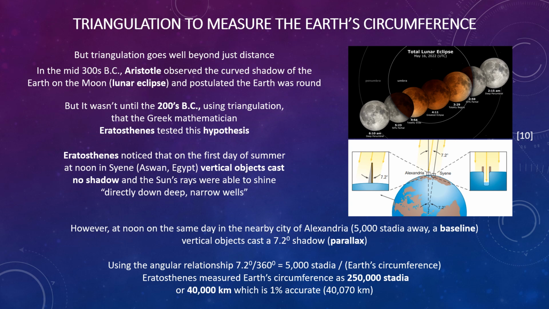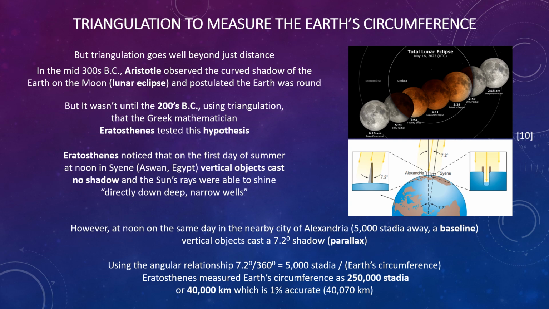This was their parallax. And so using the angular relationship, they were able to conclude that the Earth's circumference was about 250,000 stadia, or 40,000 kilometers, which is within 1% of the known number today.